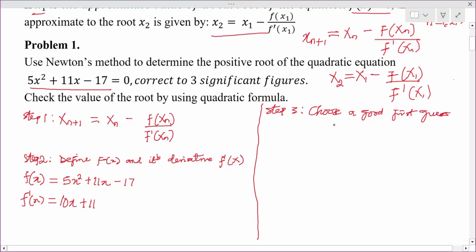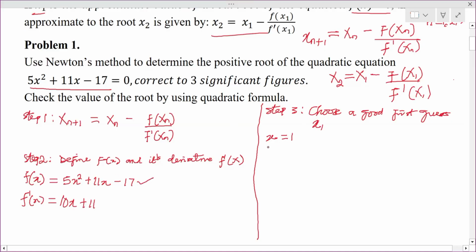Your good first guess, we call it our x1, right? How do we get that? We test a series of values. Let's assume that x is equal to 1. So what will be f of x from this our formula?